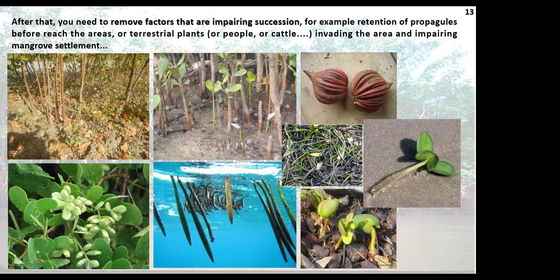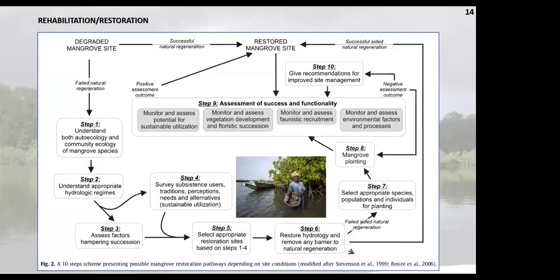And on the right, you can see propagules of Avicennia and other propagules, and all of them have different features, different buoyancy times and different necessities to implant. But where?